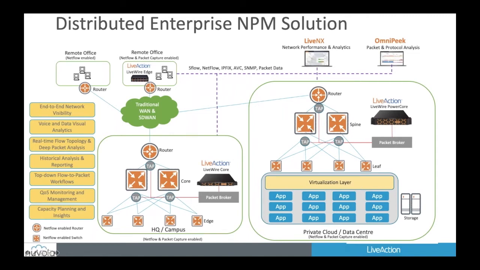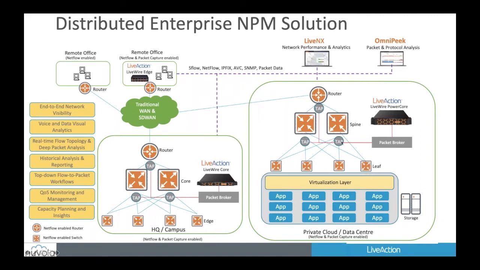Within these networks, we've got our routers, our switches, our firewalls, and typically what you would do is you would deploy the right type of appliance in a site. So if this was a 100 gig data center network, then you would deploy probably a LiveWire Power Core, which is a high-end platform.